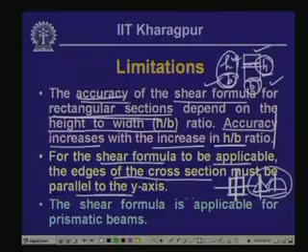Thirdly, the shear formula is applicable for prismatic beams only. That means, if a beam has a taper, it is not uniform in its cross section, then you cannot use this shear formula for evaluating the shear stress in the beam. So, these are the main limitations of the shear formula.